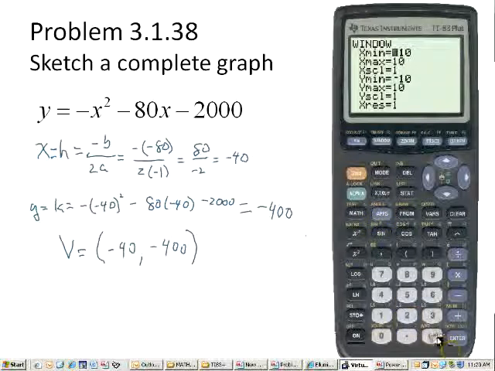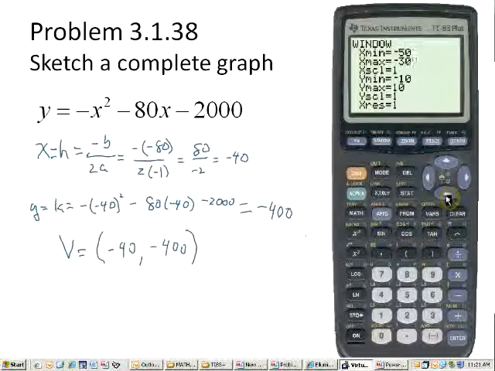Let's make the x minimum, say, negative 50. And going down here, let's make that, say, negative 30. So that would include our negative 40. So that's been included. Scale of 1 should still be okay.